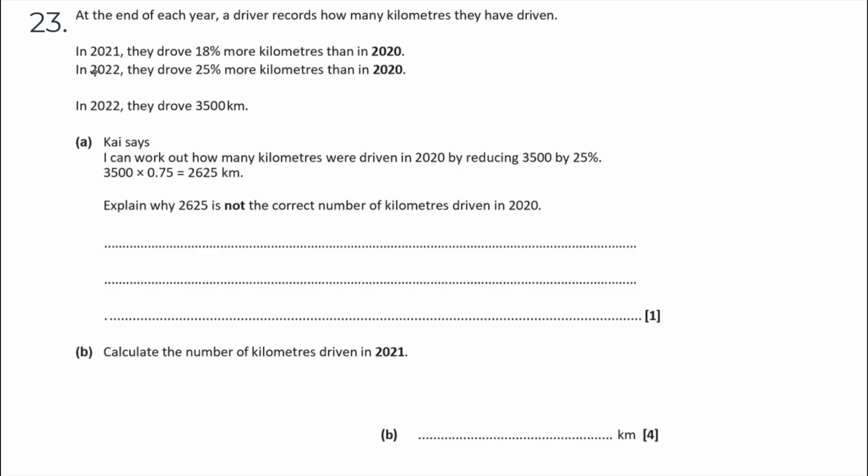3,500 times 0.75 is 2,625. Explain why 2,625 is not the correct number of kilometers driven in 2020. The reason for this is that increasing 100% by 25% gives 125%, but decreasing 125% by 25% is not 100% again.